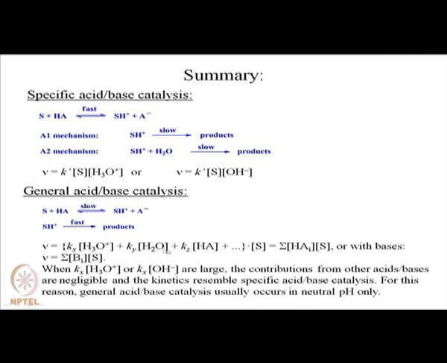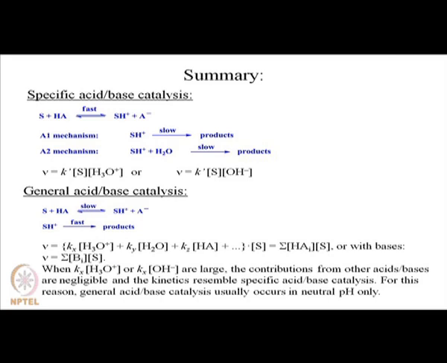But if we make one of these three large, the contributions of the others are negligibly small. Or if you make OH minus very large, the contribution of the other parts is negligibly small, and the kinetics resemble specific acid base catalysis. So this expression is converted to this expression or this one, depending on whether it is acid catalyzed or base catalyzed.